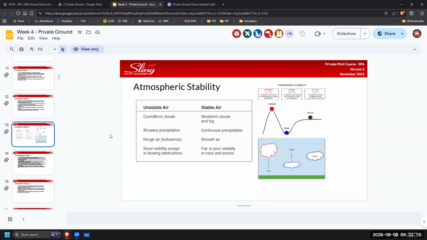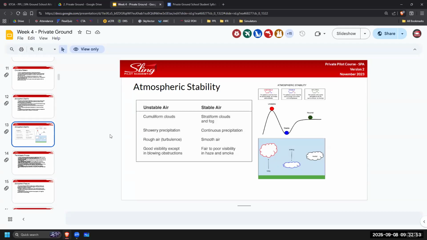And then we already talked about how unstable air is rough air, it's creating turbulence. Stable air is smooth air. Precipitation for unstable air is showery, and stable air can have continuous precipitation. Some people get this confused a lot when talking about stable or unstable, or they think continuous precipitation means unstable, but unstable would be like scattered showers, right? Stable air is continuous precipitation. And then good visibility versus poor visibility.